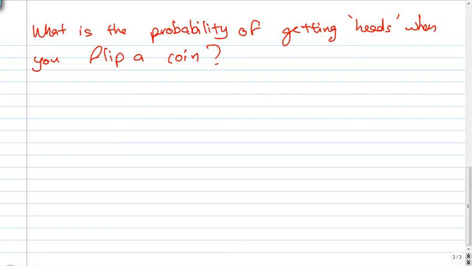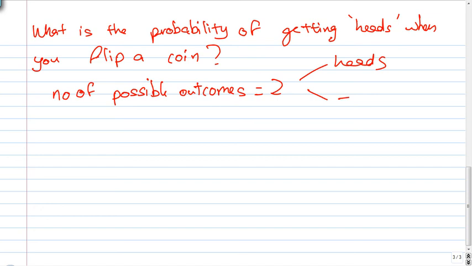What's the number of possible outcomes? The number of possible outcomes is equal to 2. You can get either heads or tails, so there are 2 possible outcomes. But the number of favorable outcomes, which is heads in this case, is just 1.